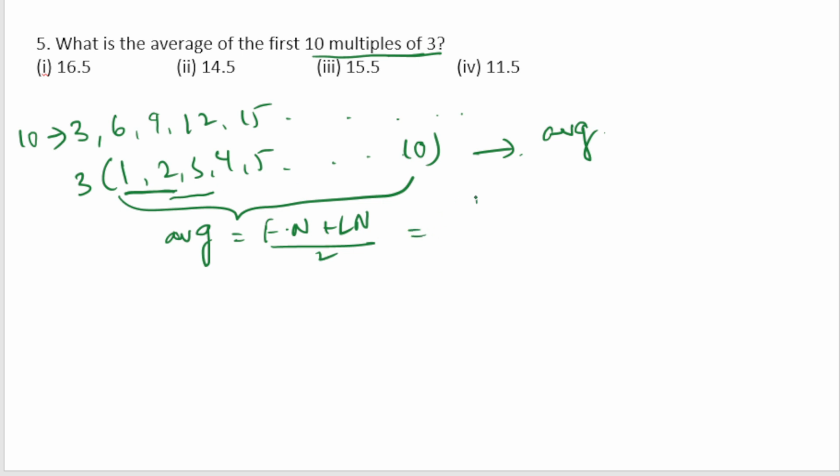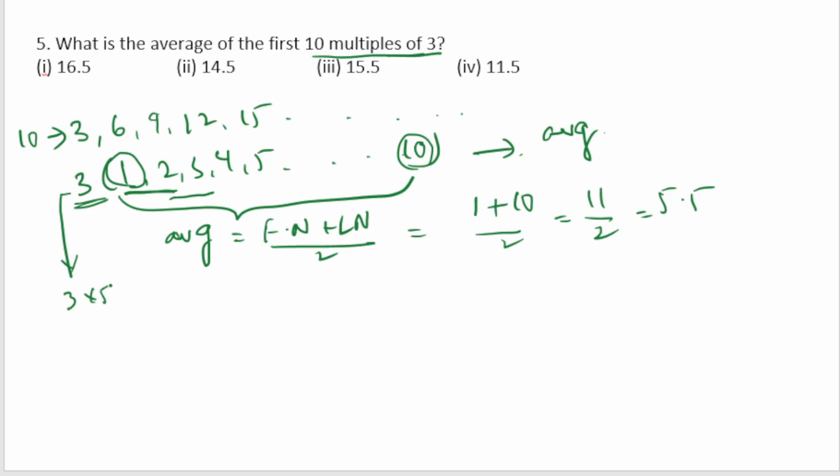So the first number is 1 and the last number is 10. 1 plus 10 divided by 2 is 11 by 2. It is 5.5. But it is multiplied with 3 here, because these are multiples of 3. And the final average will be 3 into 5.5. It is 16.5.